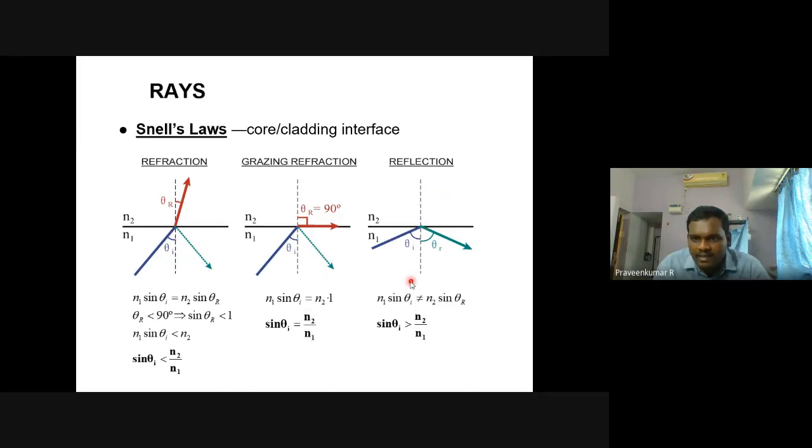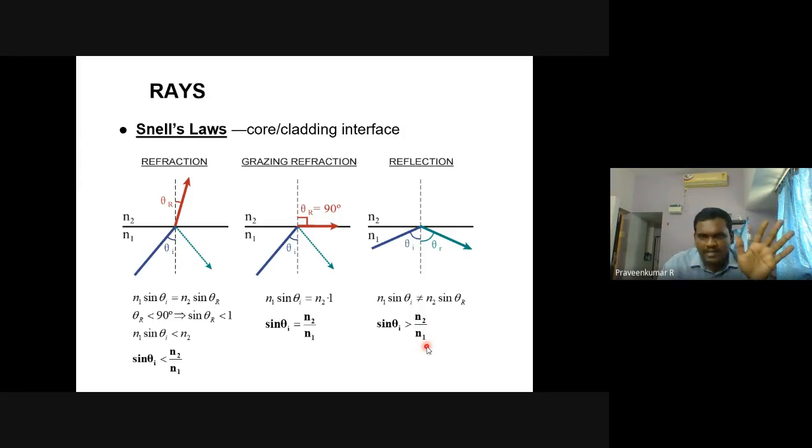Already we have discussed reflection. There, theta i equals theta r, and sin theta i is greater than n2 divided by n1. So we have three comparisons. In refraction, sin theta i is less than or equal to n2 divided by n1. In reflection, sin theta i is greater than n2 divided by n1.